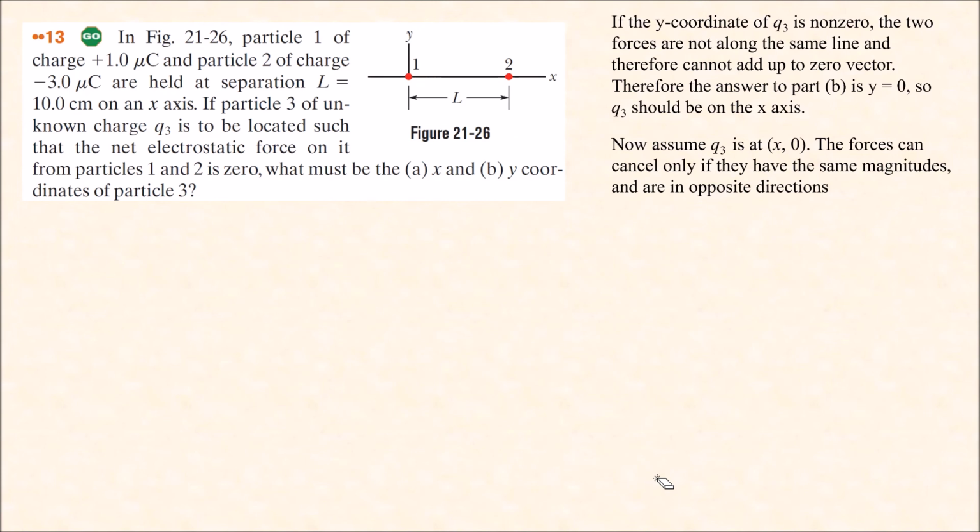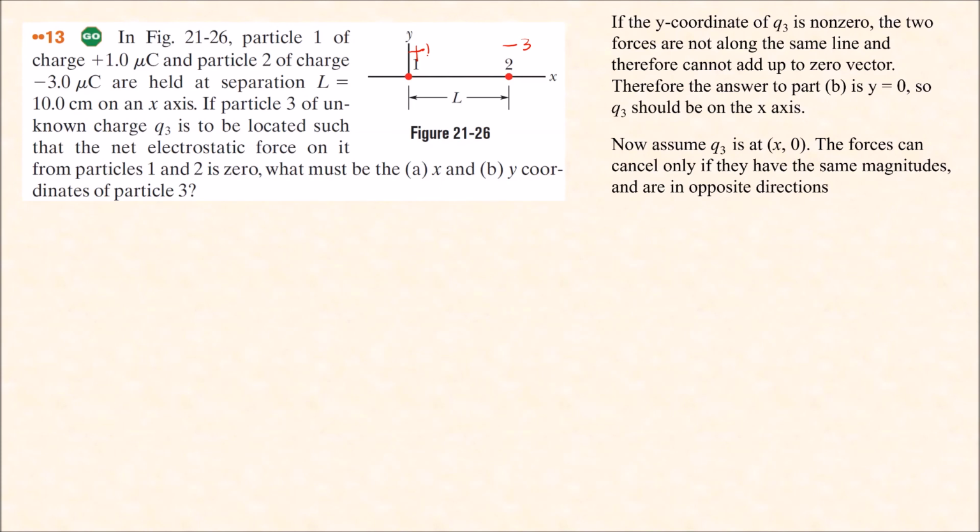Here particle 1 is positive, particle 2 is negative, negative 3 and positive 1. Should the particle be to the left of 1, or between 1 and 2, or to the right of 2? On the left of particle 1.